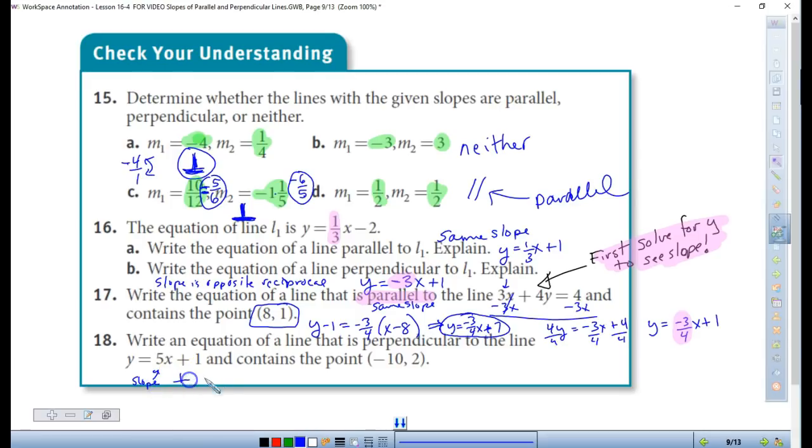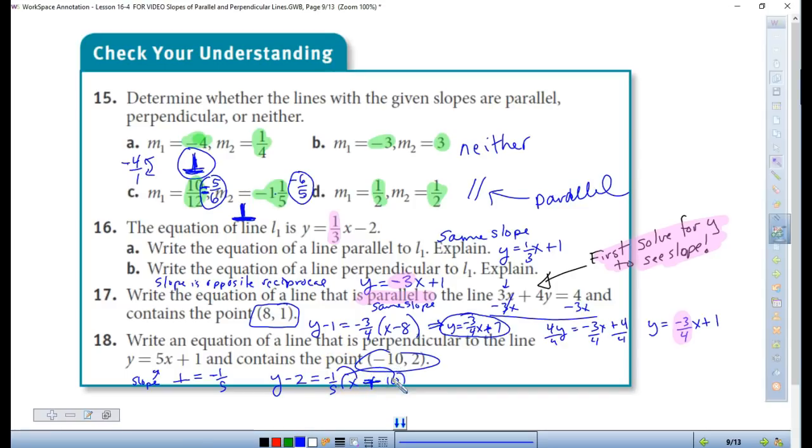So flip it over, so 1/5, and change the sign. It was positive, so we'll have negative 1/5. And it contains this point. So we would have y minus 2 equals negative 1/5 times x minus negative 10, which means plus, right?